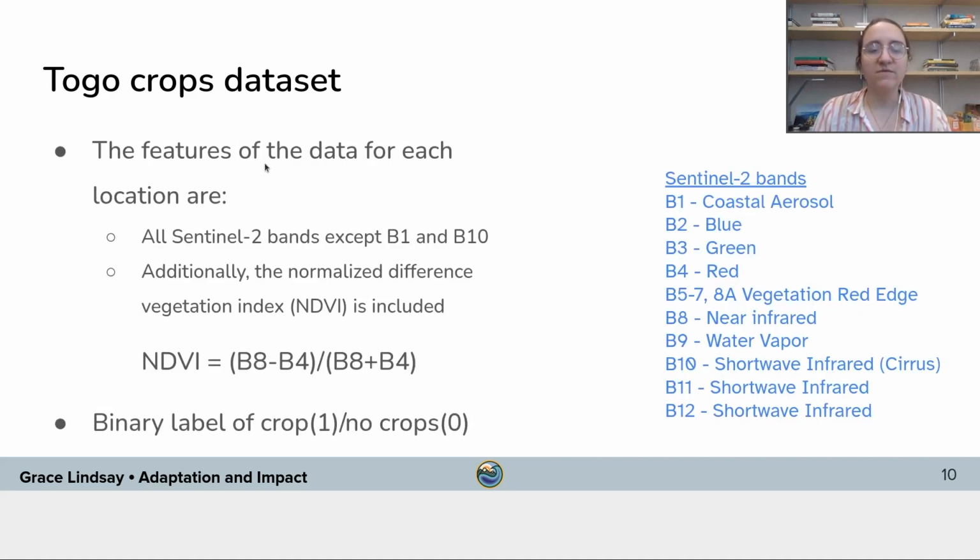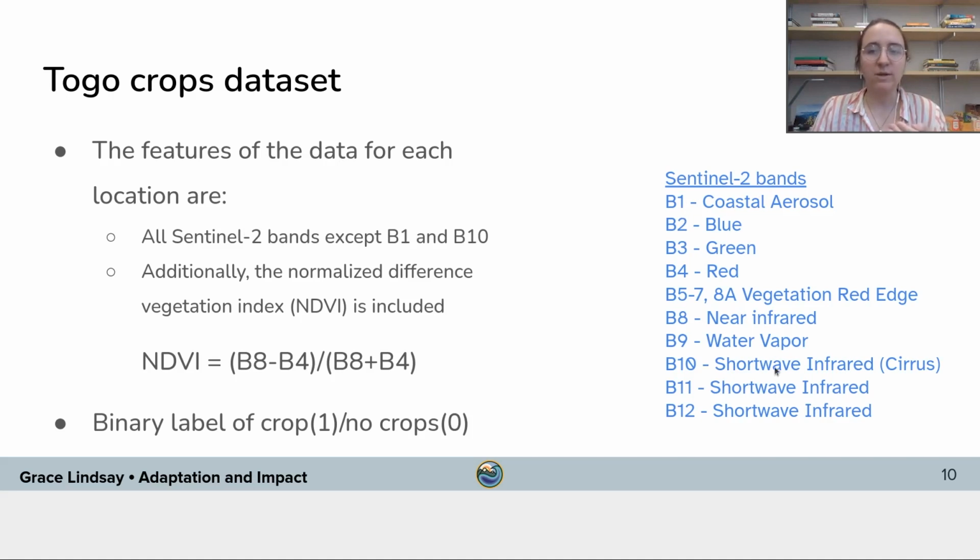So, the specific features of this data set. As I said, for each location in Togo, we have a label as to whether that location contains crops or not. Is that location growing crops? Is it an area where agriculture is happening, or are there no crops growing in that location? We have that label for each data point, and then the features that we have from the Sentinel-2 satellite are all of the bands from Sentinel-2 except for B1 and B10.